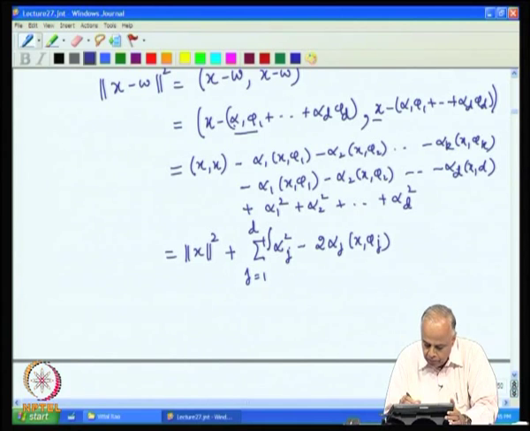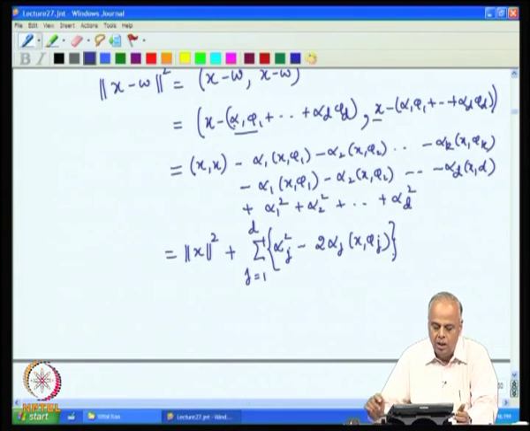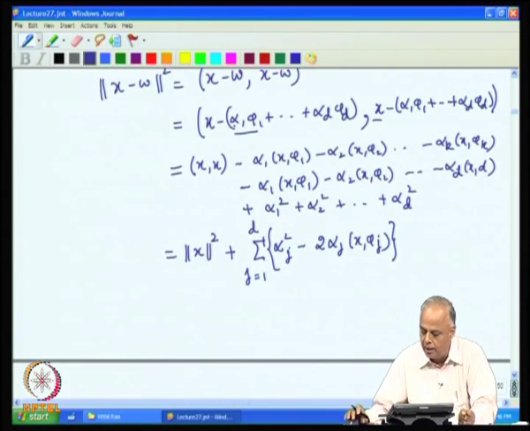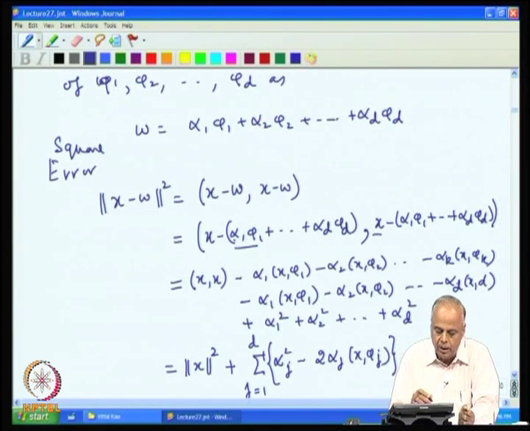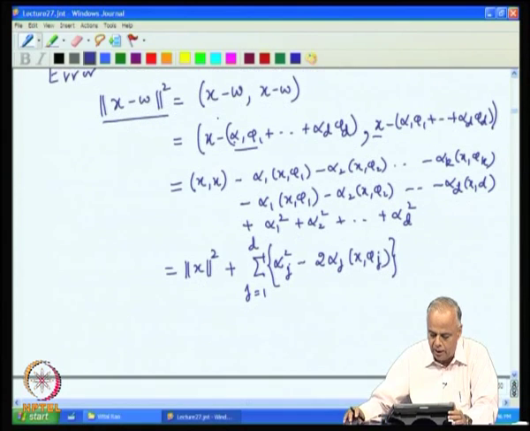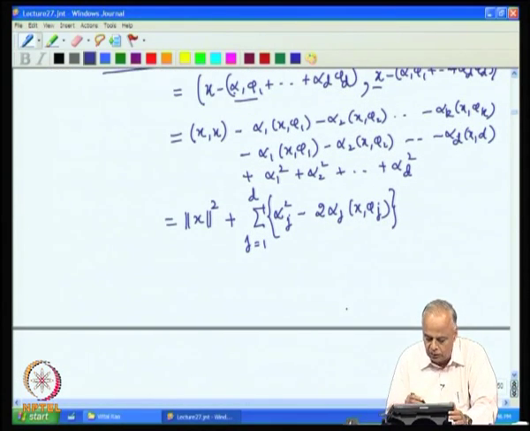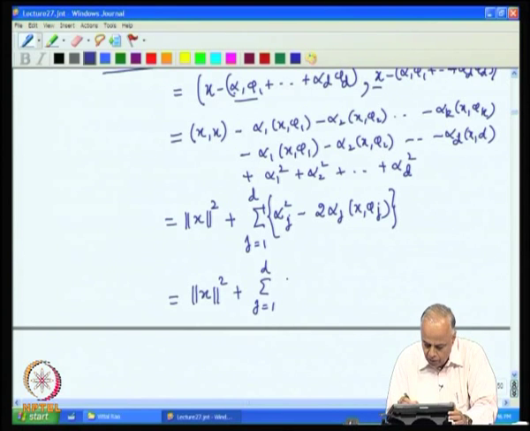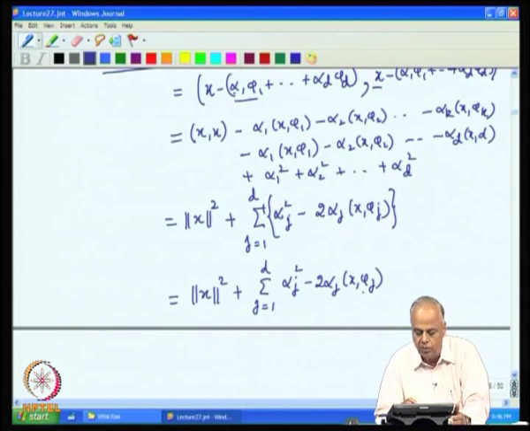So, we have this. Now, therefore, if I take any vector w in W and calculate the square of the error, the square of the error turns out to be this. We will make a simplification, we will complete the square inside the sum. We have alpha j squared minus 2 alpha j x comma phi j, which is of the form a squared minus 2ab.